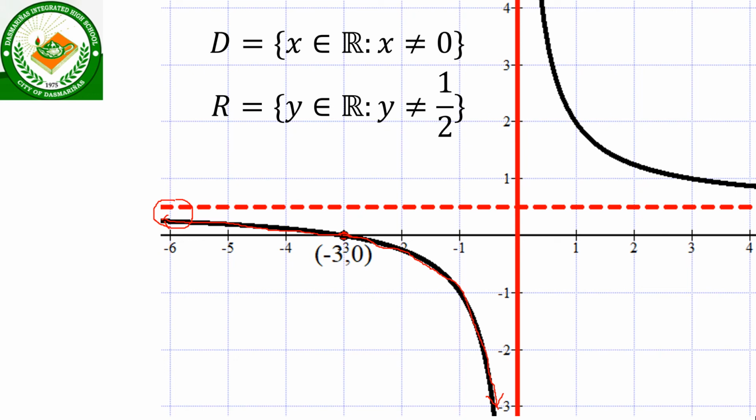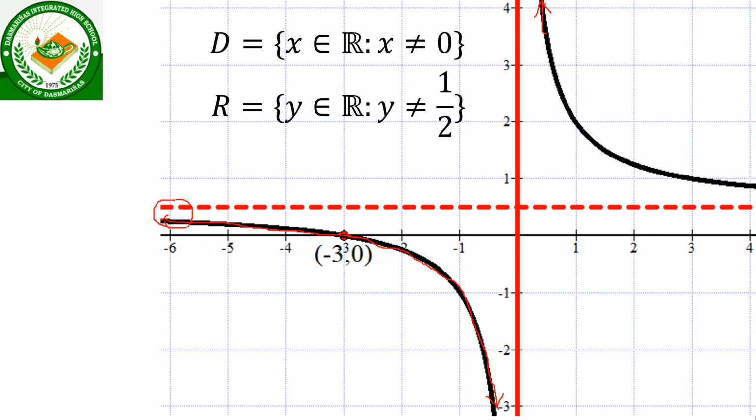And for the last interval, we have from 0 to positive infinity. Take note that x equals 0 is a vertical asymptote. That is why this side of the graph approaches x equals 0, but it will never intersect the vertical asymptote. Same goes with this one on the other side.